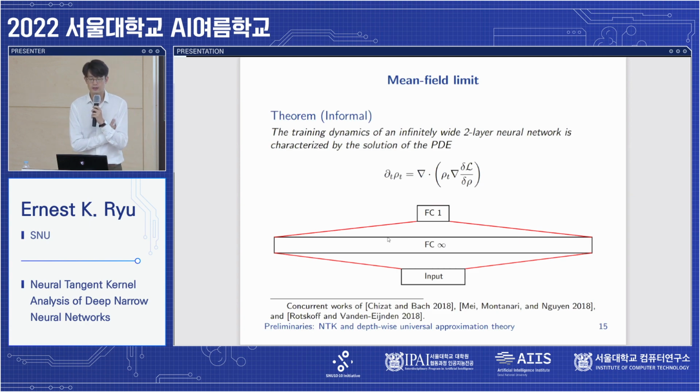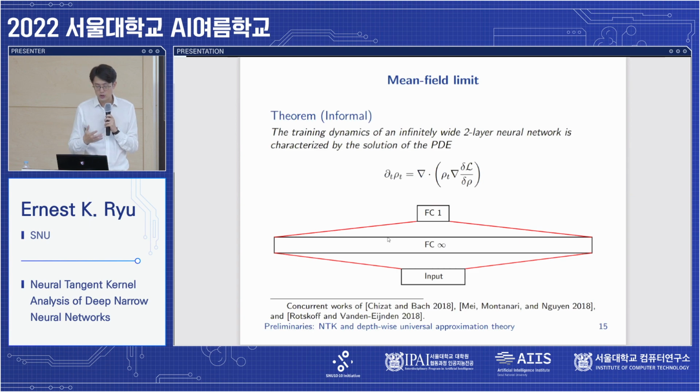So in 2018, several authors concurrently presented the mean field limit. In the mean field limit, they consider the limit in which the neural network is infinitely large. In the prior discussion, I was talking about wide two-layer neural networks. The width can be very, very large, but they're still finite. But in this theorem, I'm actually talking about infinitely wide two-layer neural networks.